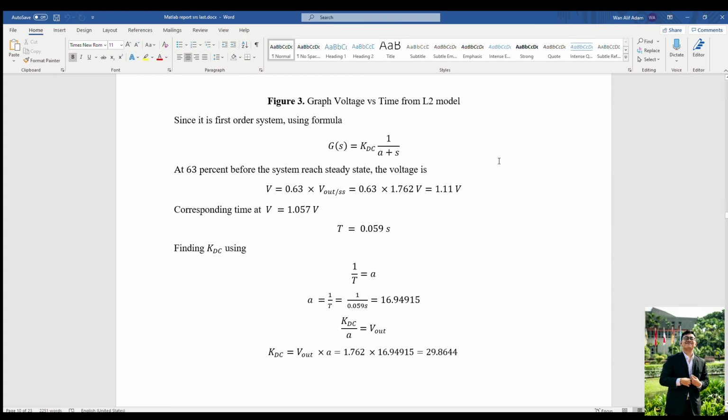Then the time, and then we find the DC static gain with this formula first, 1 over T equal to A. And then we plug in the value of T that we get. After we get the value for A, we plug it into the formula K_DC equal to V times A. So we will get the DC gain with this value.